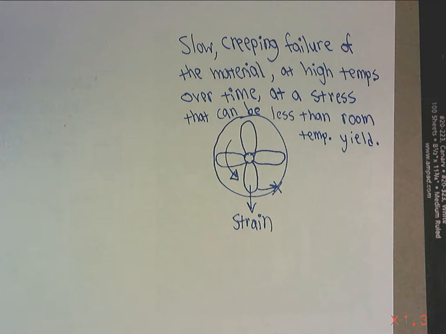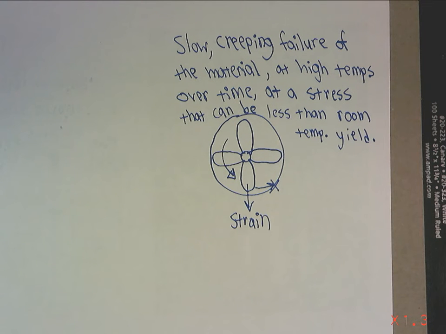We do our analysis like good engineers, doing some math and some computer modeling, and we go, oh yeah, this fan blade is great. It won't fail. It doesn't see enough stress. And then it fails. And we go, oh, well, I did my strength and materials analysis or my advanced strengths and my machine design, and I don't know. Well, it's a creep failure.